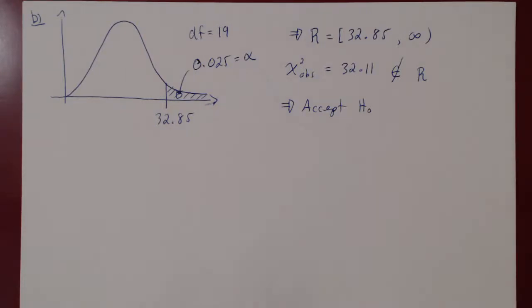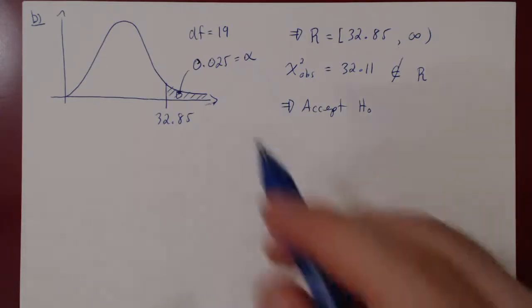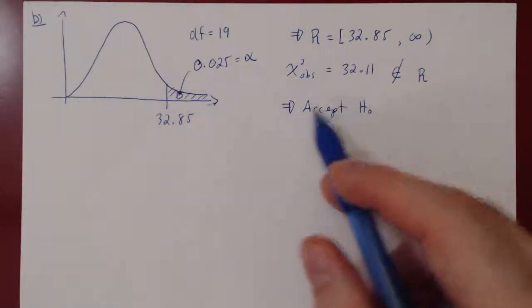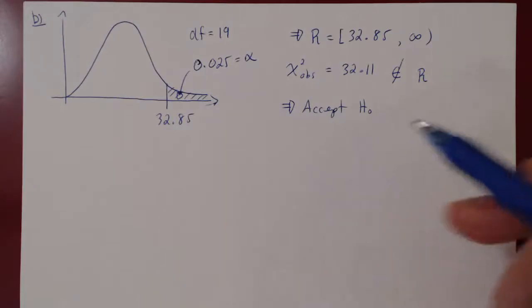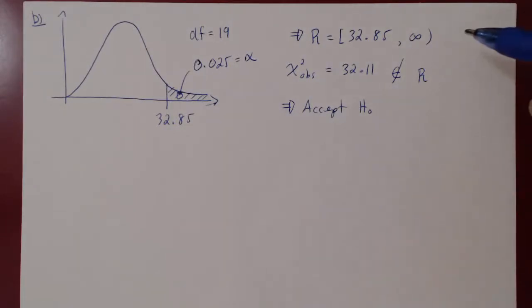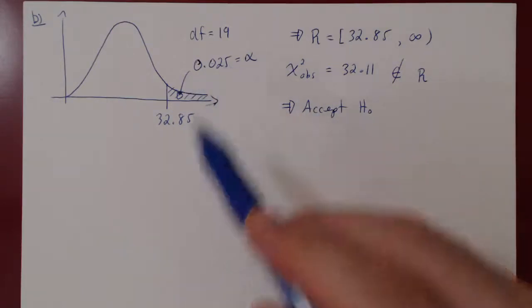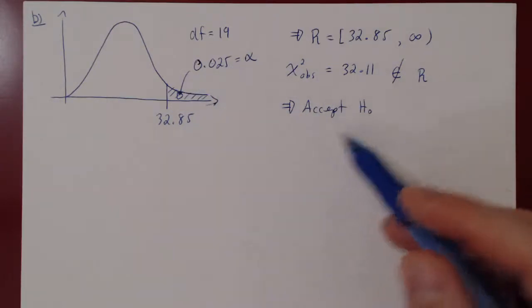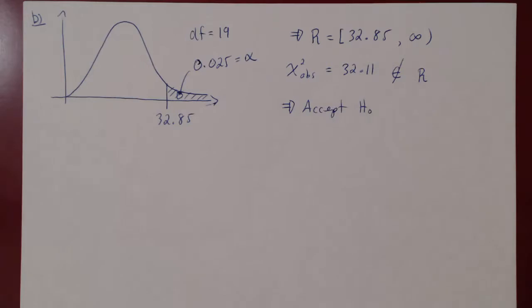So this is a great example of how the significance level may affect your conclusion. We went from a 5% significance level and rejecting H0 to a 2.5% significance level and accepting H0. So keep that in mind.